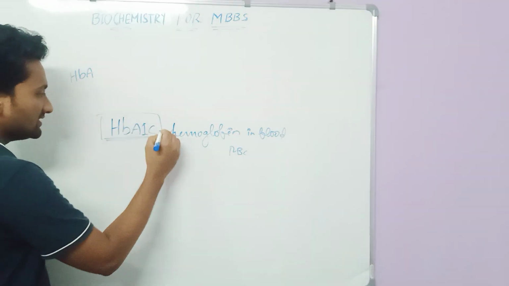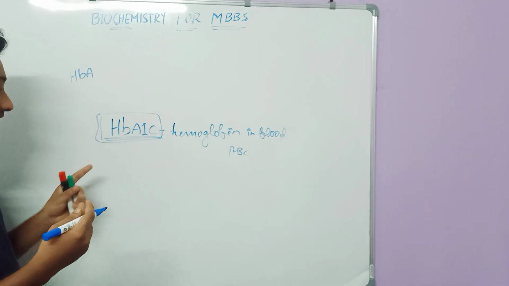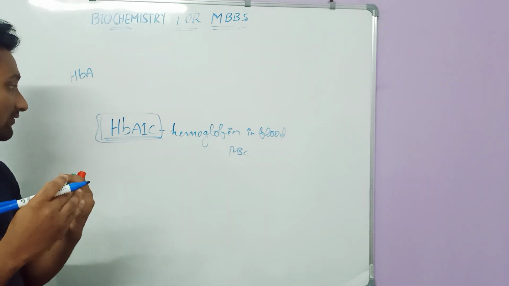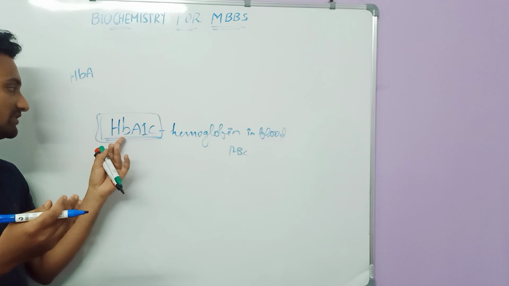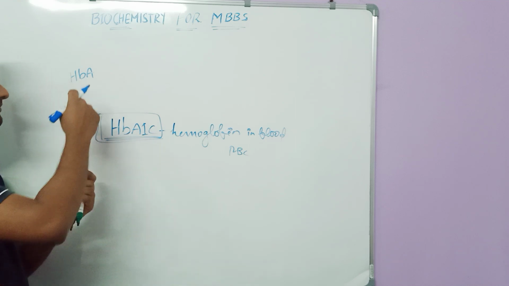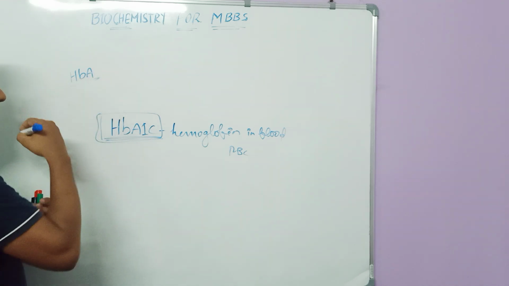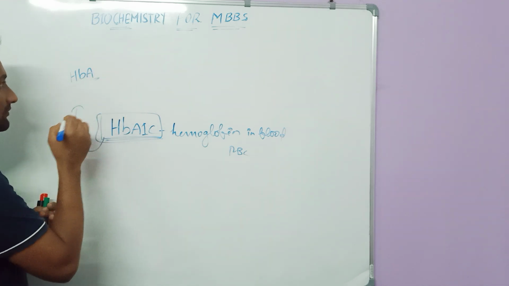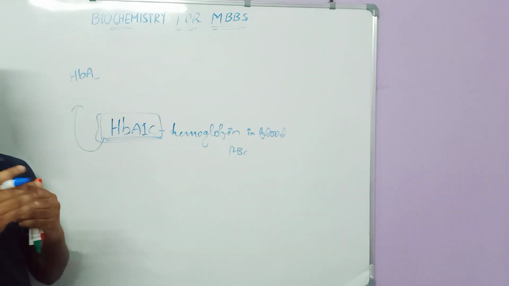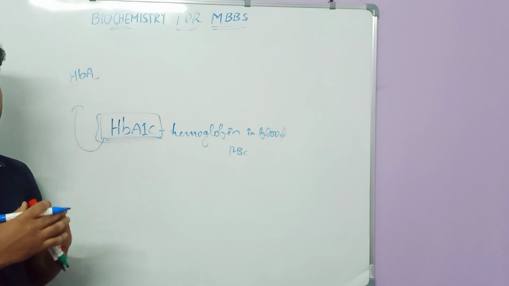So HbA1c is a variant of hemoglobin present in adult RBCs, but not that much as compared with HbA type. So HbA1c is a subtype of HbA. It's present in a little quantity in the blood.